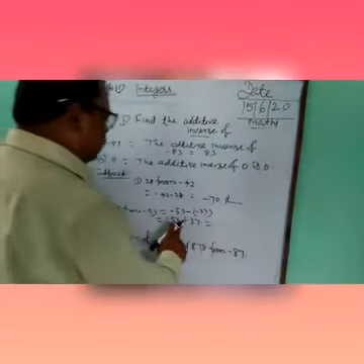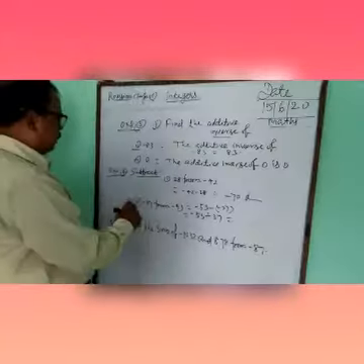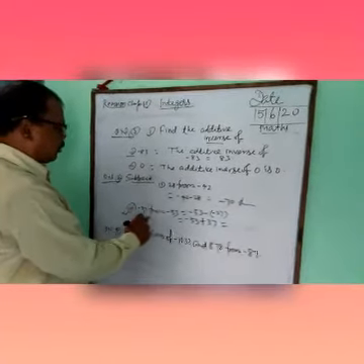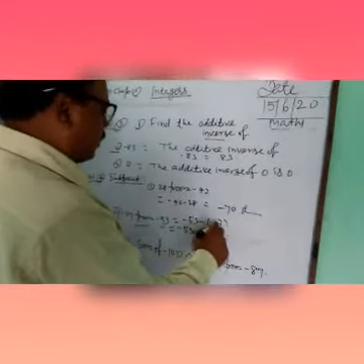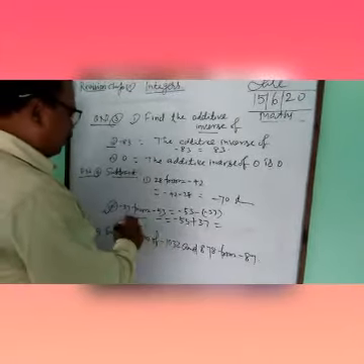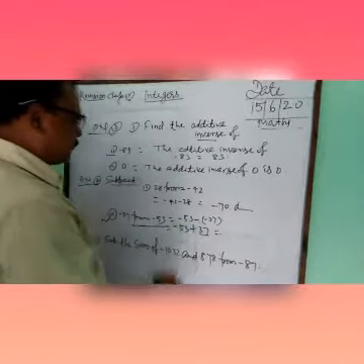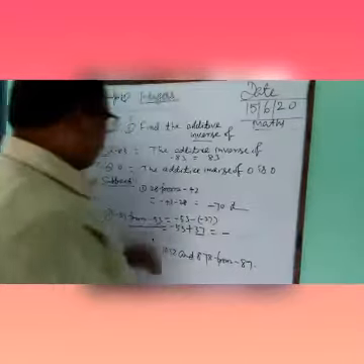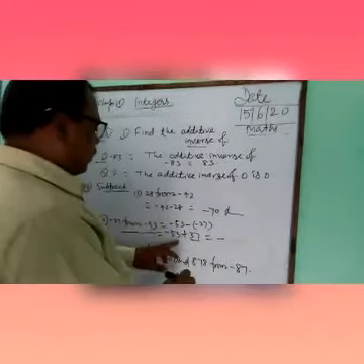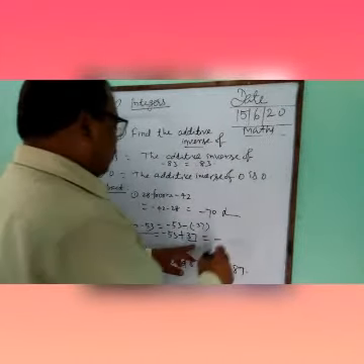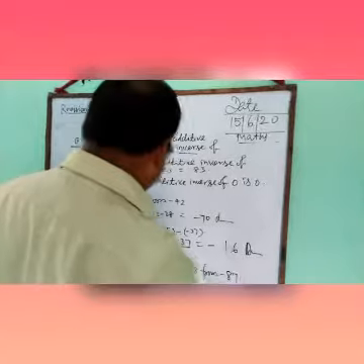Because the bigger number has a negative sign, the answer is with a negative sign. 53 less 37: 3 less 7 is equal to 6, 4 less 3 is equal to 1. So -16 is the answer.